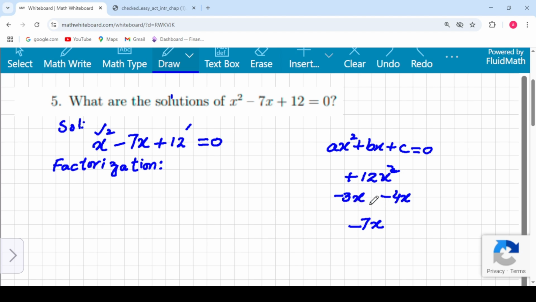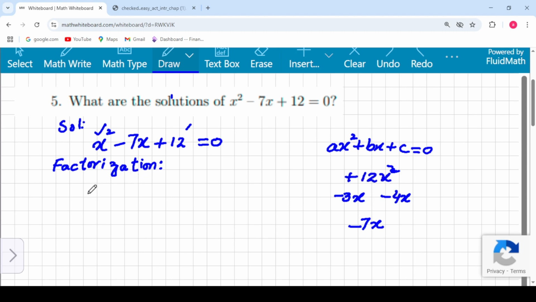If we add these two, minus 3x minus 4x, minus 3 minus 4 is minus 7x, which becomes the middle term. And when we multiply these two, minus multiplied by minus is plus, 3 multiplied by 4 is 12, and x multiplied by x is x square. So when we add these two parts, it becomes the middle term, and when we multiply these two parts, it becomes the product of the first and the last term.